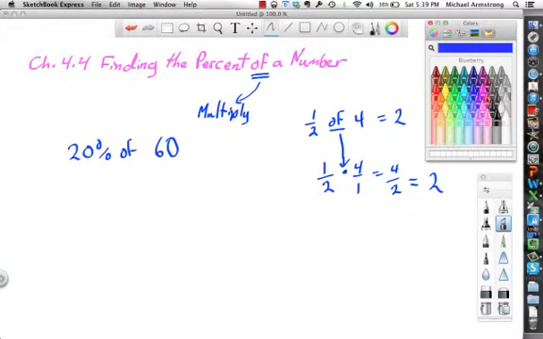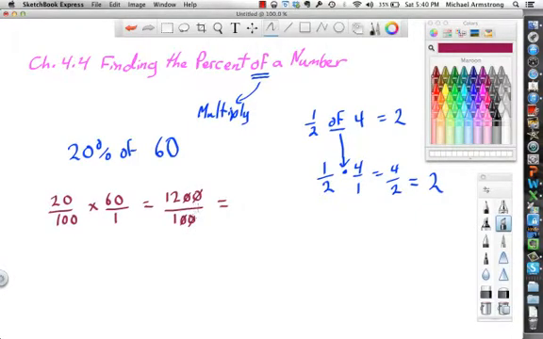Using a fraction, 20% is 20 over 100 times 60 over 1. Okay, so if you were to do 20 times 60 straight off, you would get 1,200 over 100. And if you want to divide by 100, basically you're just moving the decimal over 2 places.